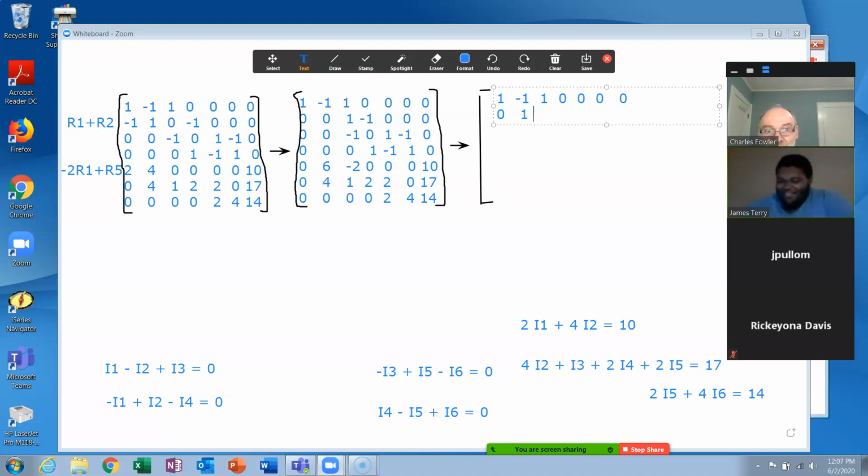The next one is going to be a 0.25. Now, I would put 1 over 4, but that's going to be messy in itself, because this doesn't do fractions well.